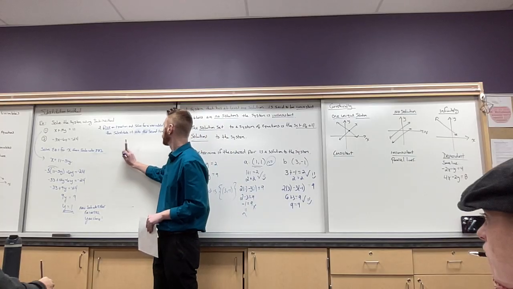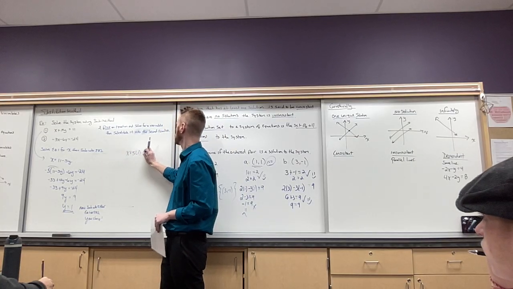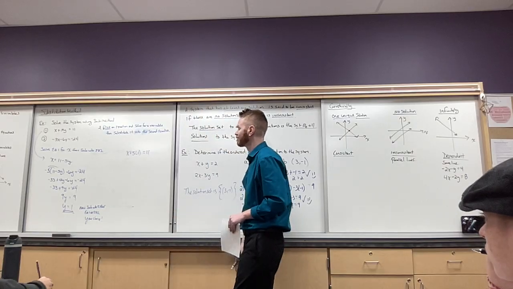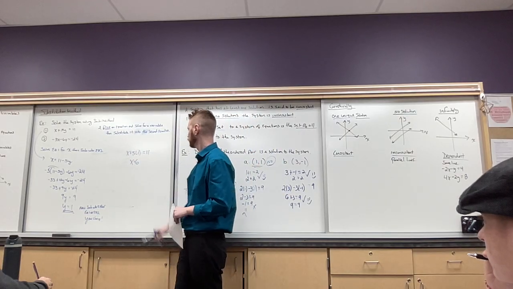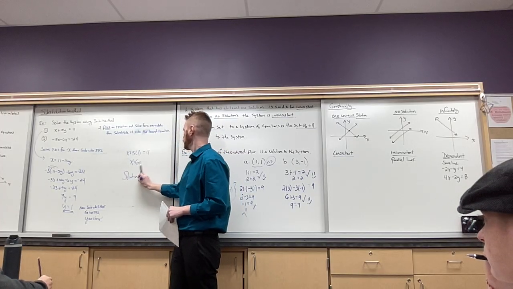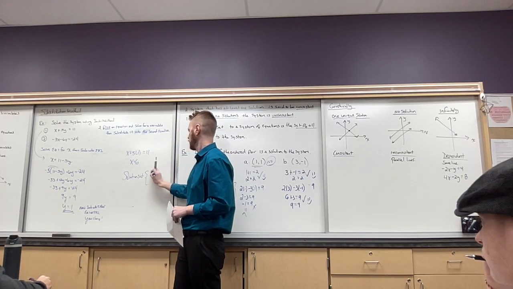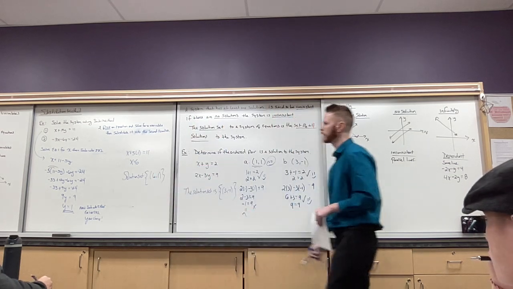So equation 1: this becomes x plus 5 times 1 equals 11. I think we get x to be 6. So now I could say my solution set is going to be (6, 1). And there we go.